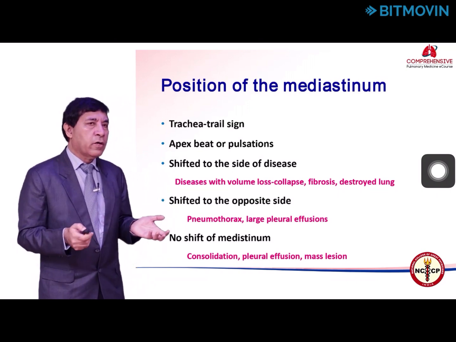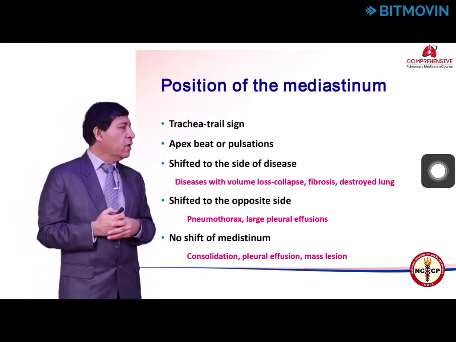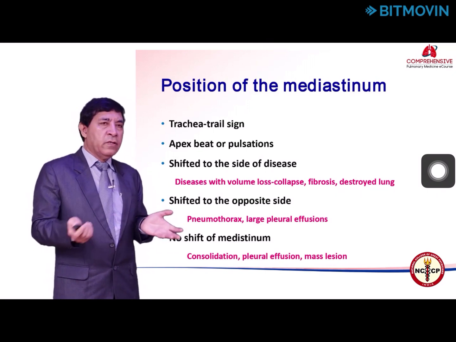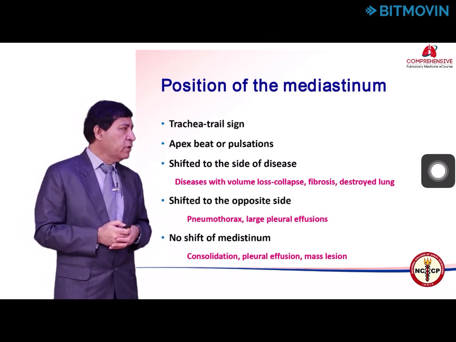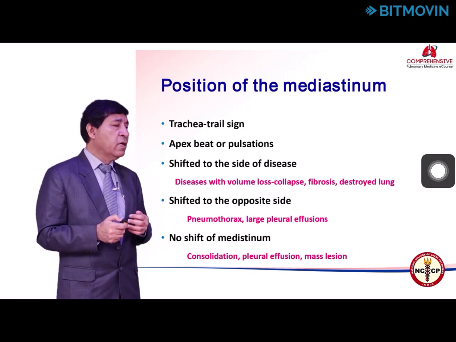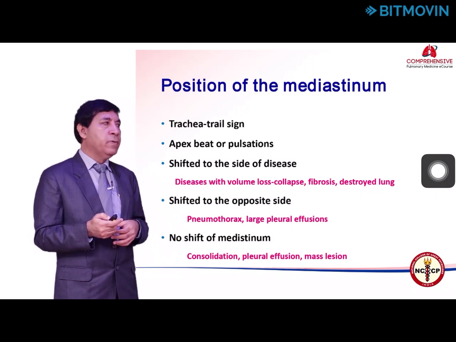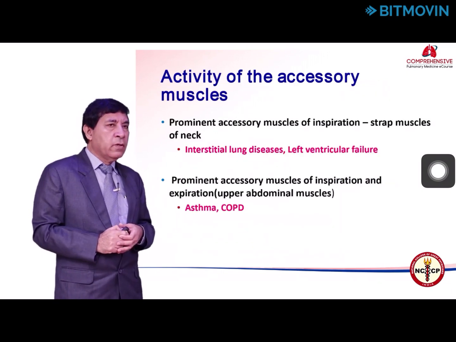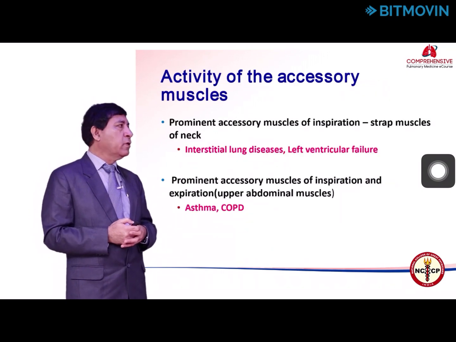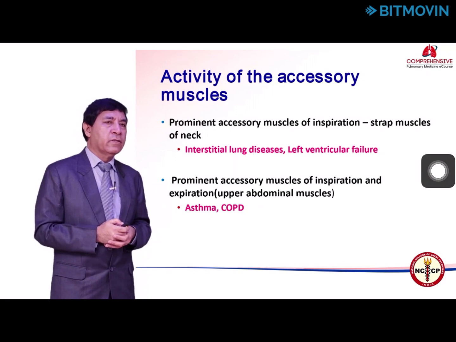So with pneumothorax or large pleural effusion, the mediastinum can be shifted. In situations like consolidation, mass lesions, as well as mild to moderate pleural effusion, the mediastinum may not be significantly shifted.